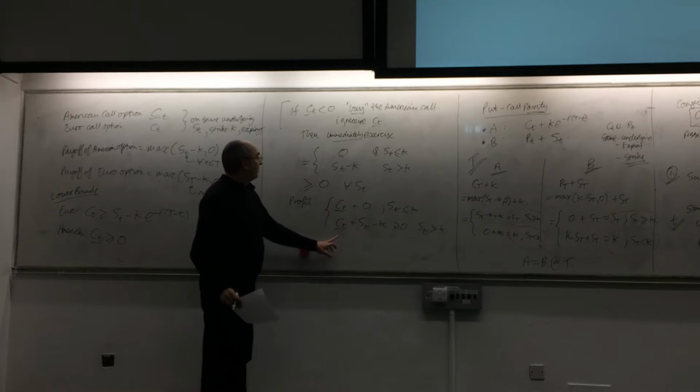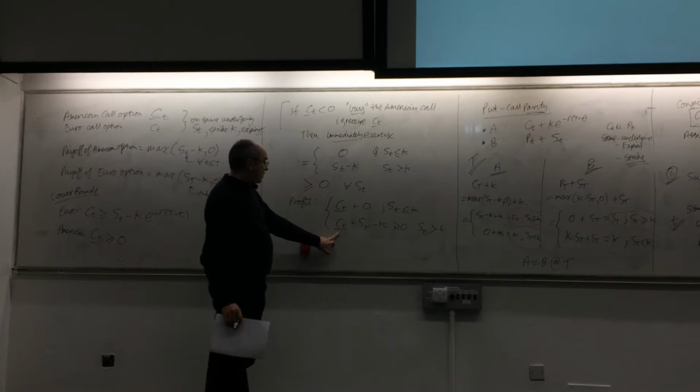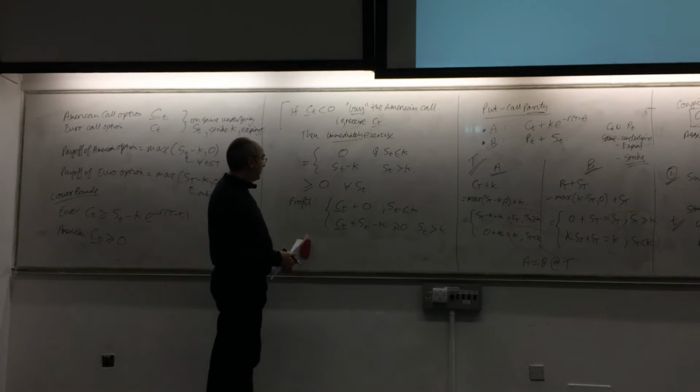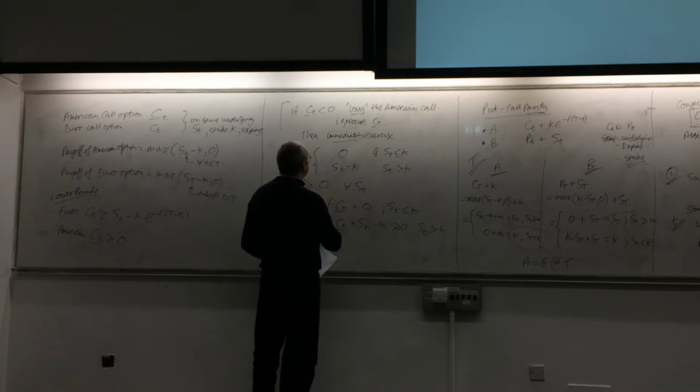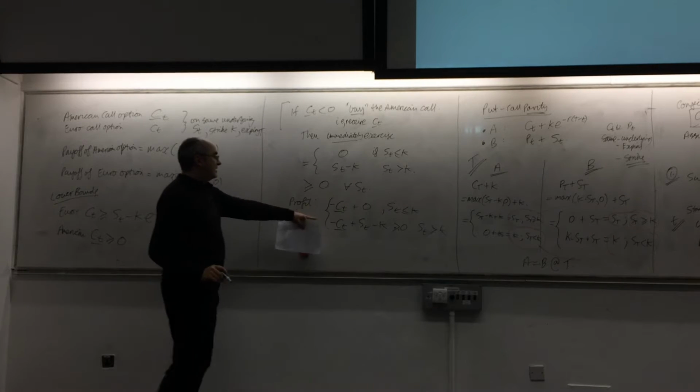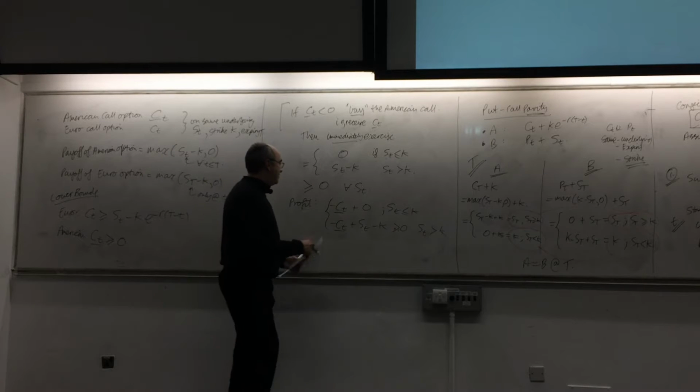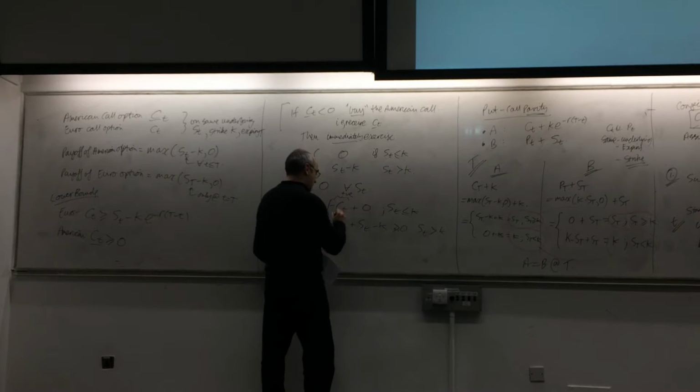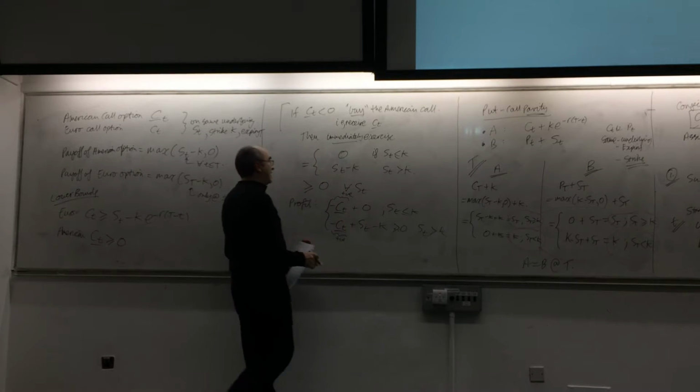Because this is positive, and this was a definite value I got. Minus C_t, so it's minus C_t and minus C_t, that's right. So this is positive overall, because I received that.